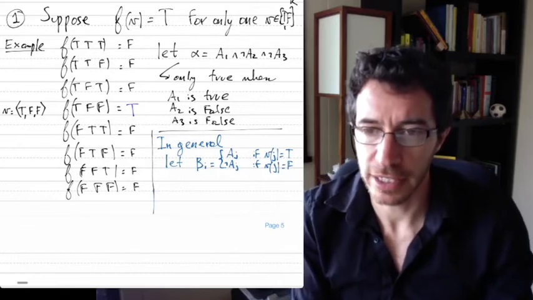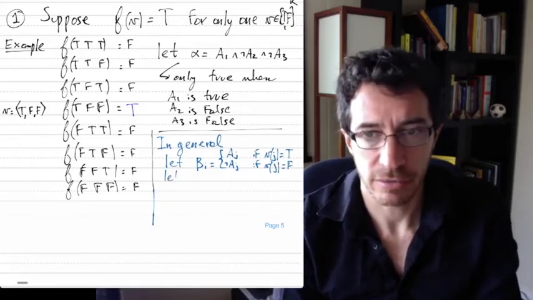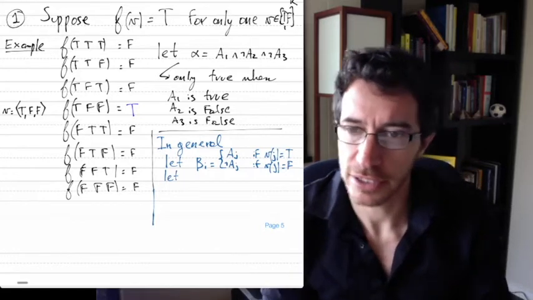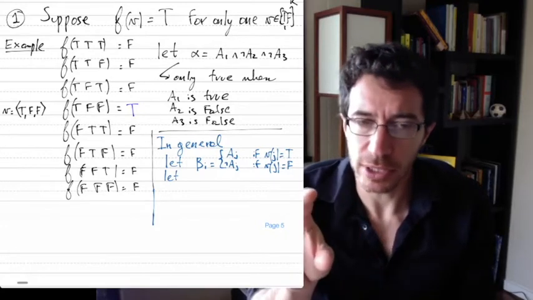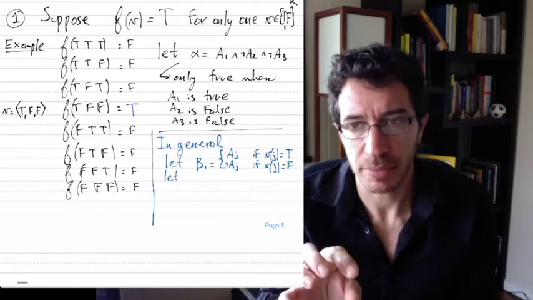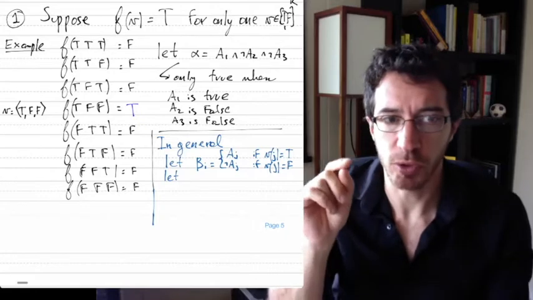So we start by defining this formula beta sub j for each j. Beta sub j is going to be equal to a sub j or equal to not a sub j, where a sub j is a variable, depending on whether v is true or false, right?